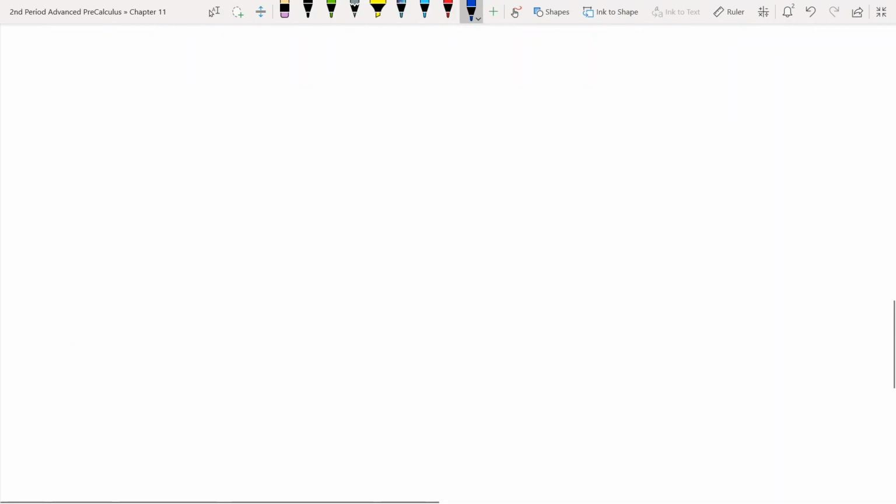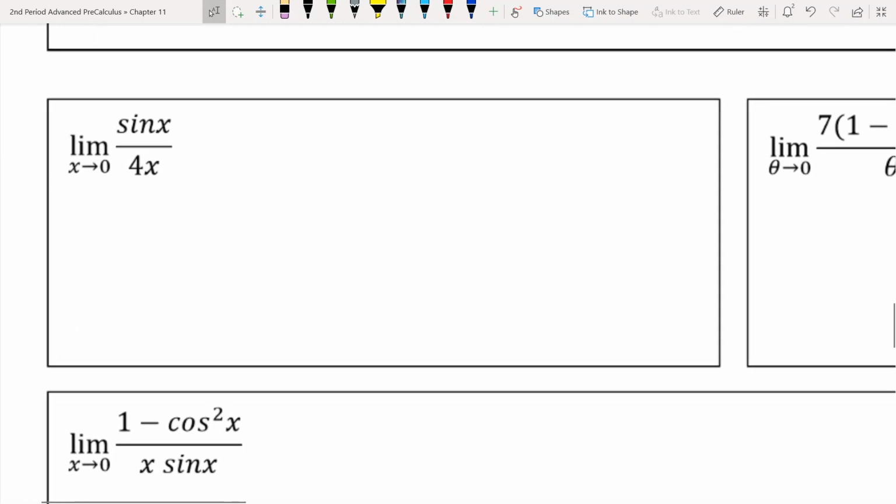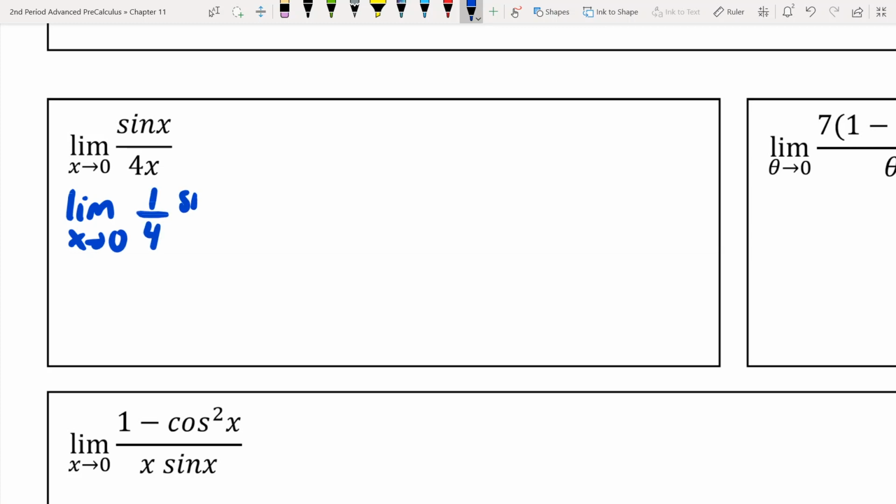So let's head down to the second page, and we're going to move down to these trig expressions here. The first one right here is the sine of x over 4x. That is really close to a trig expression that we had before if that 4 weren't there. We can do a little bit of manipulation: the limit as x approaches 0 of 1/4 times the sine of x over x.